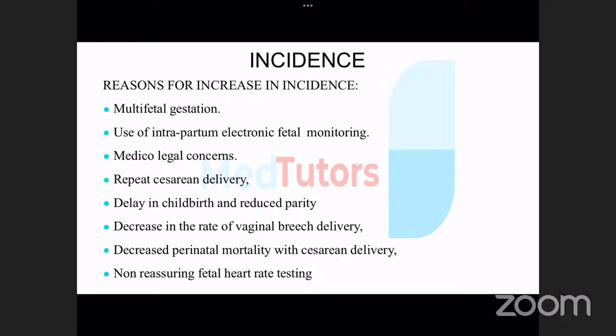And another reason, at that age, if a woman's first pregnancy is at 35 years, some women have already developed chronic medical conditions such as diabetes or hypertension. And therefore, coexisting comorbidities increase the likelihood of a cesarean delivery.